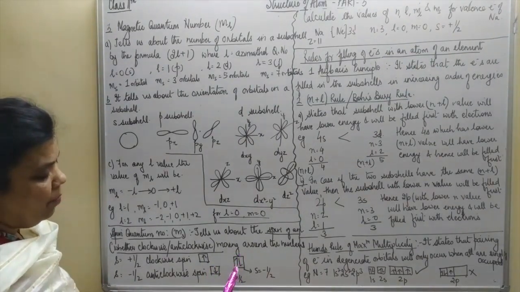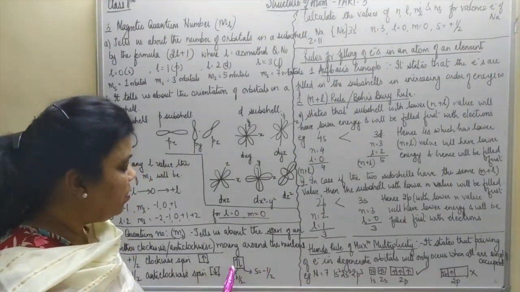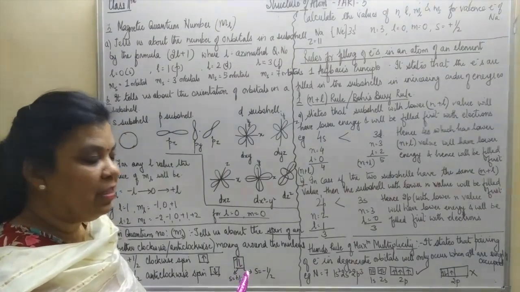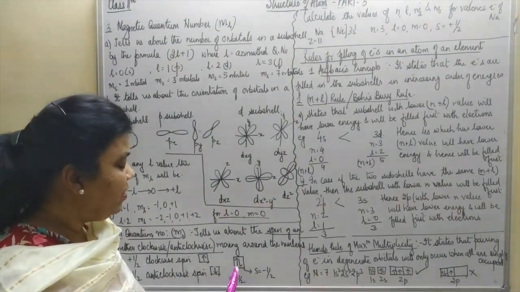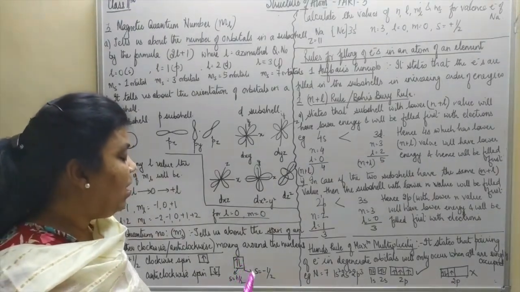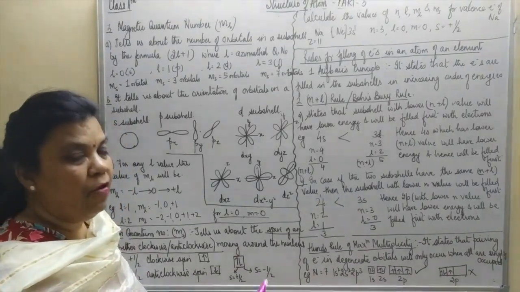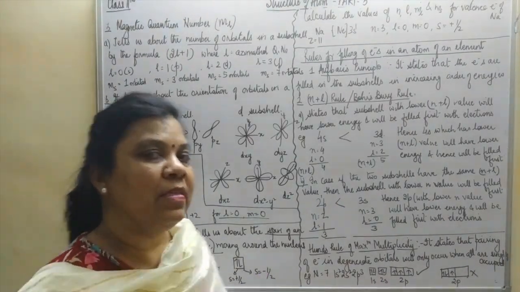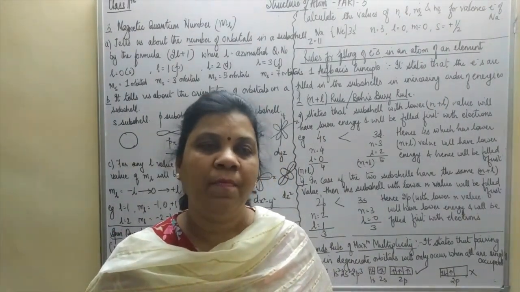For example, you all know that an orbital can contain a maximum of 2 electrons, so both will be in opposite spin. The one spinning clockwise will have s value of plus half, and the one spinning anti-clockwise will have s value of minus half. So the spin of an electron is indicated by the last quantum number, the spin quantum number.